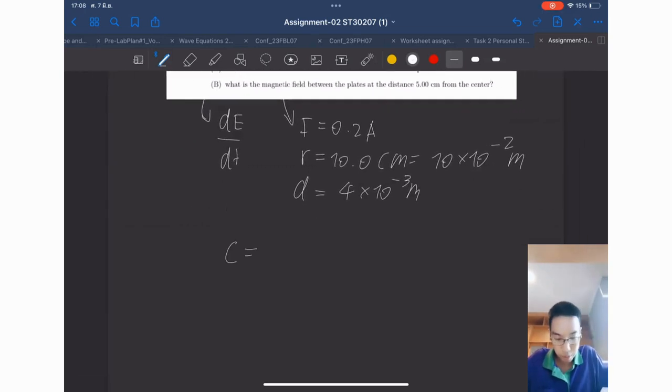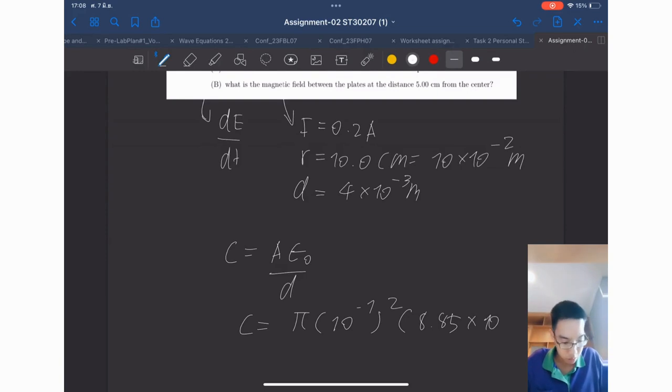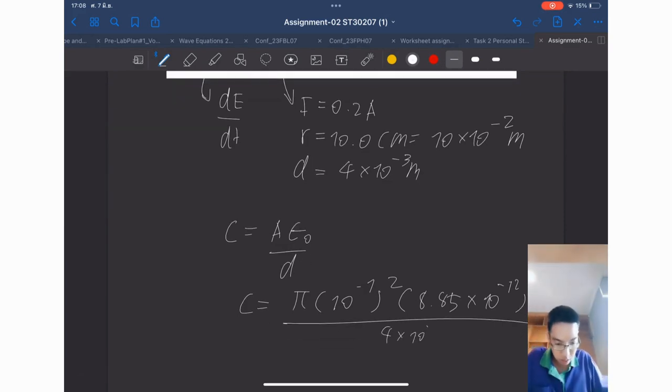We know that capacitance equals A epsilon naught over d. With what we know, we get C equal to pi times 10 to the minus 1 squared, multiplied by 8.85 times 10 to the power minus 12, over 4 millimeter.